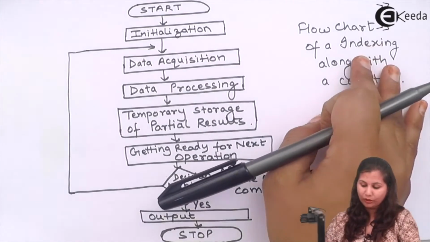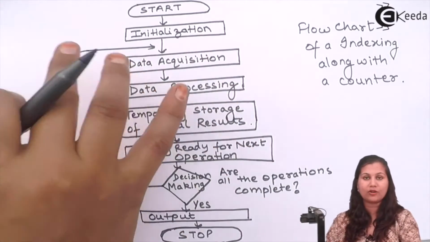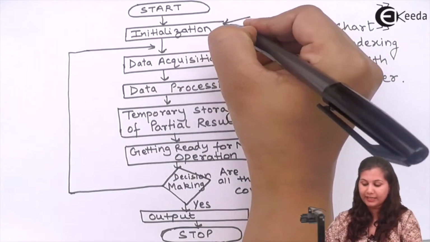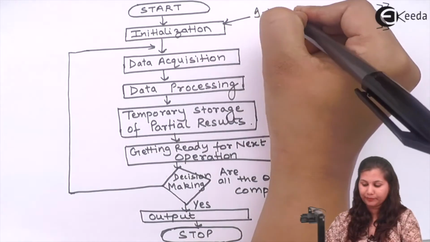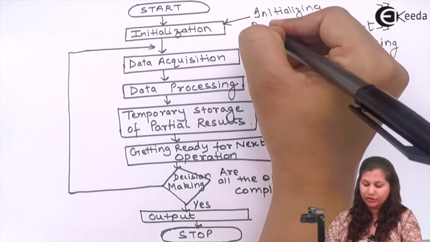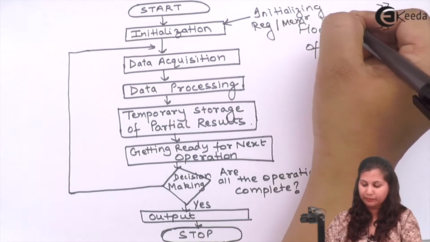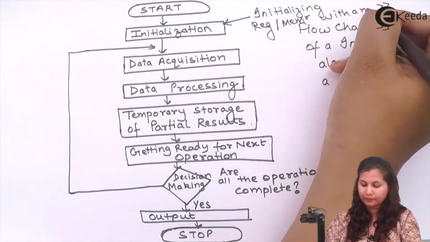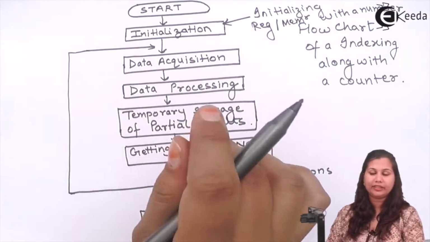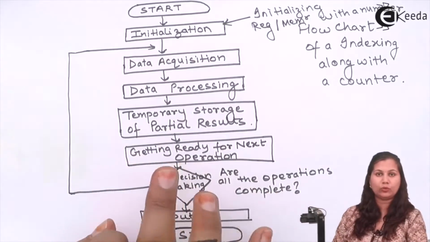So in indexing, we are repeating a certain task and we are pointing or referencing towards the object using sequential numbers. Here we are initializing a certain register or memory with a number, and again we are pointing towards that register or memory, and we are repeating those tasks.